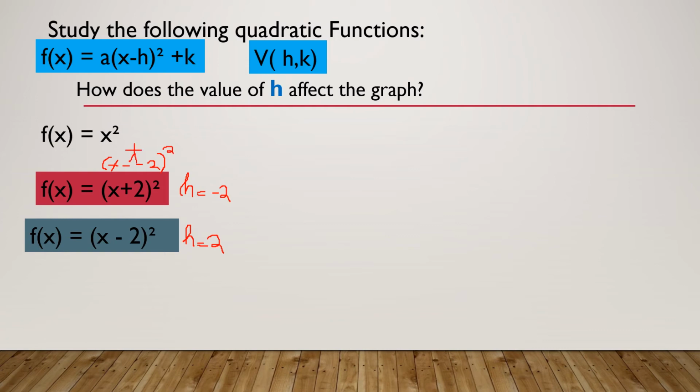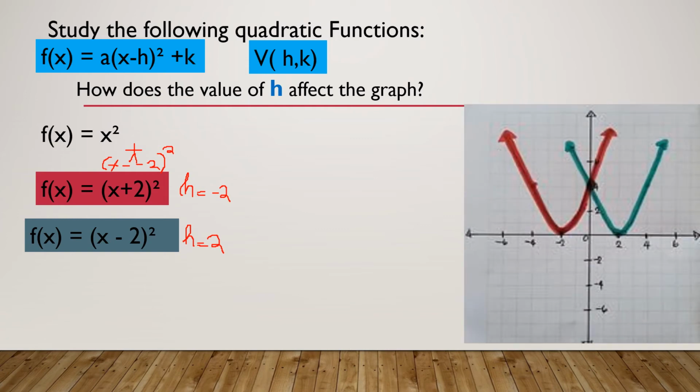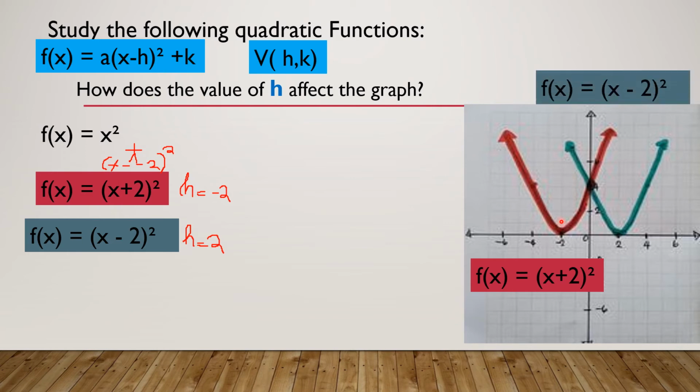Okay? Now, let's check the graphs. Okay, so this is the graph of f of x is equal to the quantity x plus 2 squared. Okay, so here h is negative. So from the origin, it moves 2 units to the left. And this one is the graph of f of x is equal to the quantity x minus 2 squared.